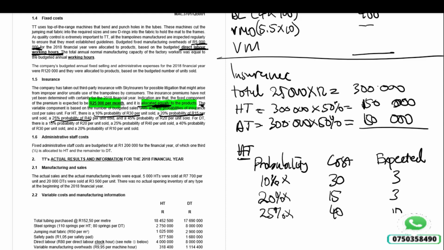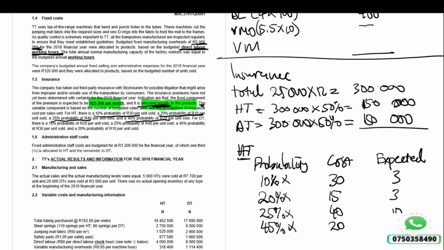Then the last one, 45% probability of 20 Rand: 45% multiplied by 20 Rand gives me 9 Rand.